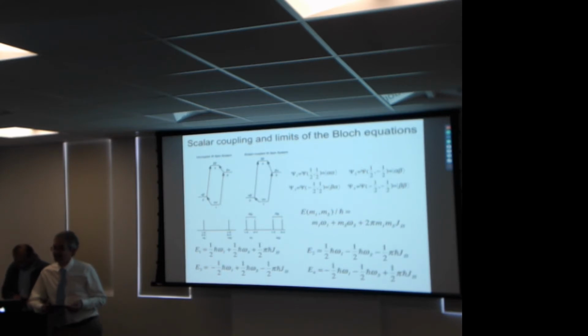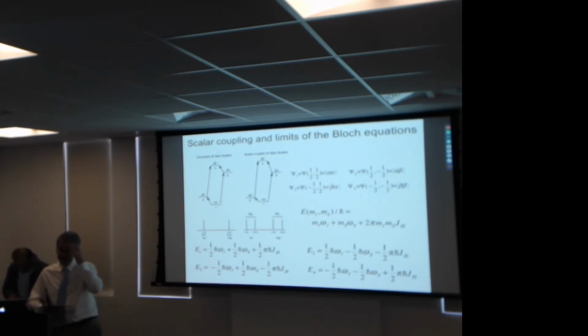So our Bloch picture started by assuming we have isolated nuclei. They're not interacting with each other magnetically. And now we see the J coupling is evidence that the nuclei have magnetic interactions. So if we're going to go forward with NMR, we have to figure out how to handle these magnetic interactions between pairs of nuclei.